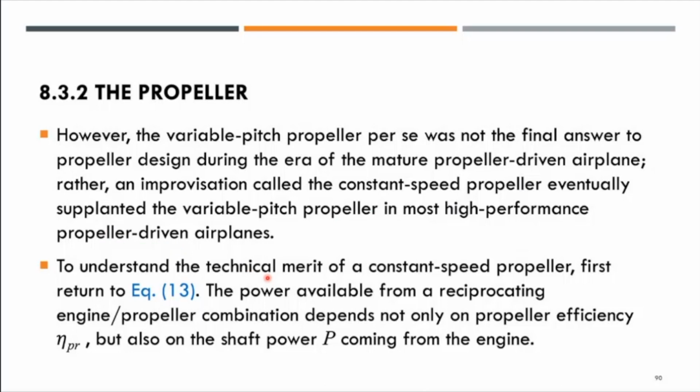To understand the technical merit of a constant speed propeller, return to equation 13: the power available from a reciprocating engine-propeller combination depends not only on the propeller efficiency zeta PR, but also on the shaft power coming from the engine.